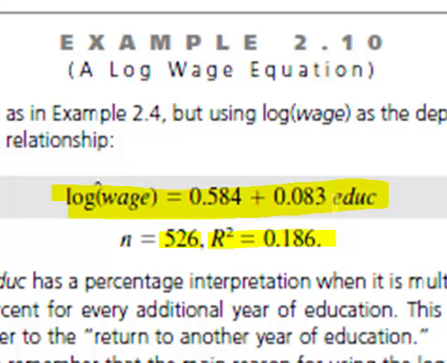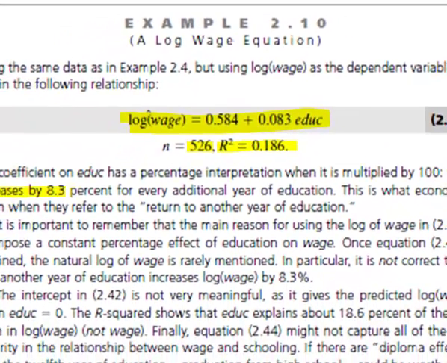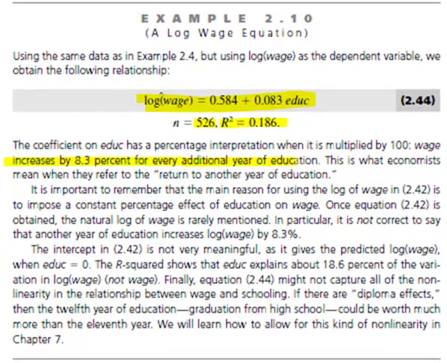It's not log transformed, but it has a percentage interpretation if we multiply the coefficient by 100. So if I multiply 0.083 by 100, then I get 8.3, and it means that the wage increases by 8.3% for every additional year of education.